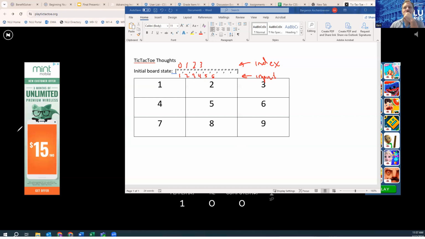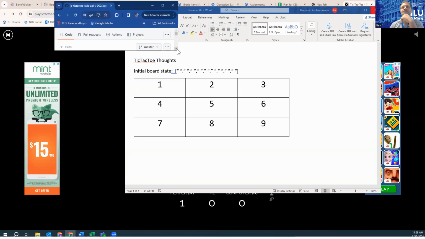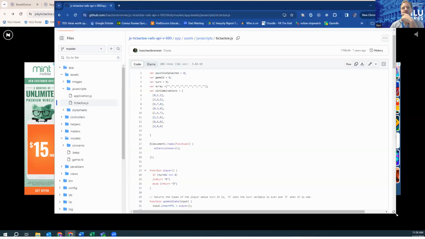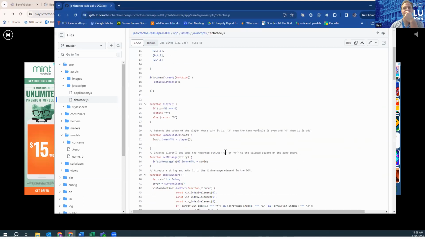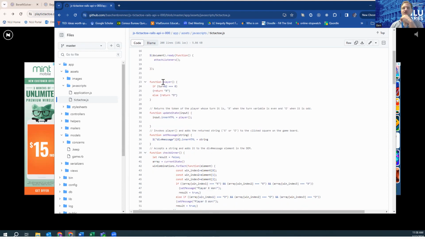Let me also pull up an example of some existing code. This is a project that I did for a boot camp, and it's written in JavaScript. Again, the important parts of the function structure are, you're going to have to come up with a name. In the case of the 3 functions I suggested, I gave you a name. You're going to have to tell me what it does.